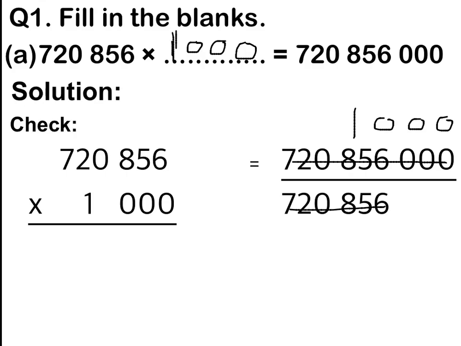Okay student, now we will check our answer. Now we will multiply this value: 720,856 multiplied by 1,000. 1 multiplied by 6 is 6. 1 multiplied by 5 is 5. 1 8 is 8. 1 0 is 0. 1 2 is 2. 1 7 is 7.